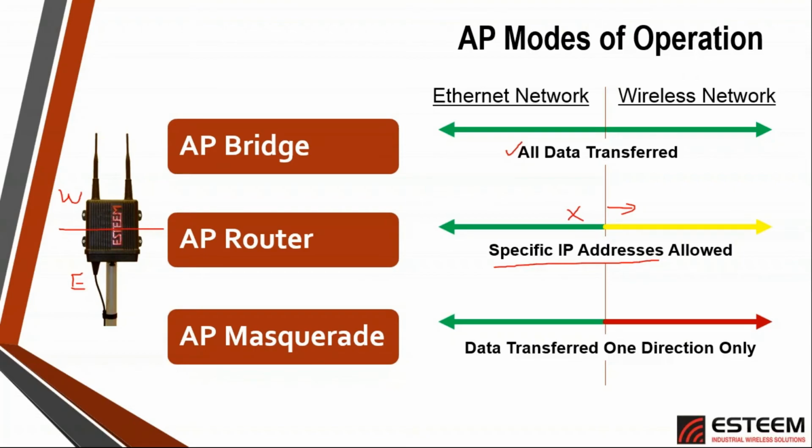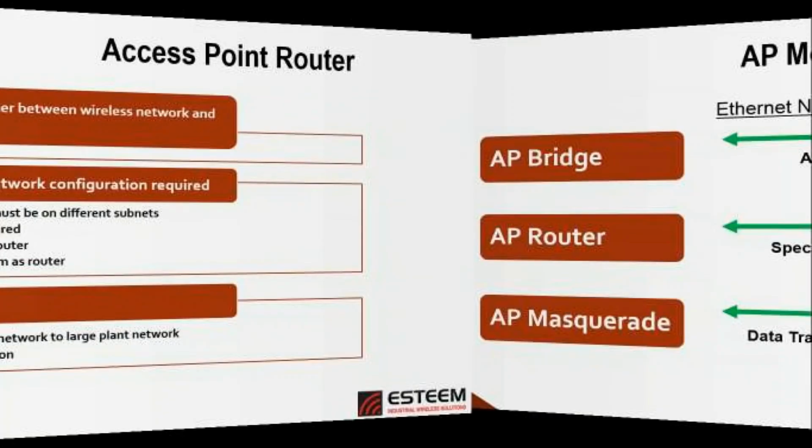So now we can see all activity that is occurring on the Ethernet side. The only thing that goes to the wireless side of that network are those addresses specifically allocated or designed within the network to be able to come across there. So you can isolate out the traffic specifically for those remote devices.